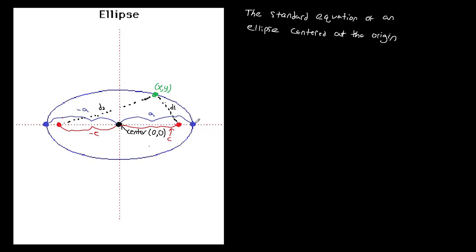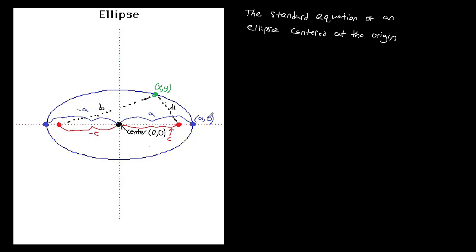So we can use those distances to give these points coordinates. The positive vertex, we've defined its x coordinate as a, because that's the distance from the center to the vertex. Because this is centered at the origin, the major axis in this case is also the x-axis, which means the y coordinate of this point is 0.